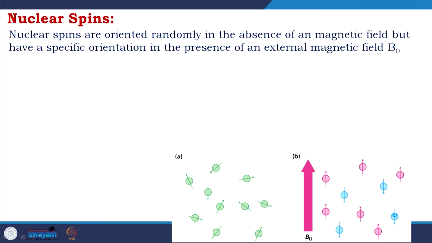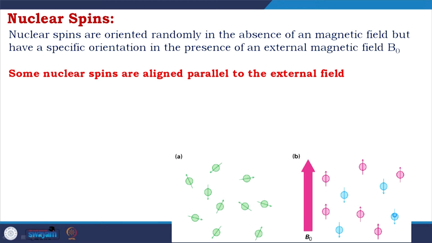Nuclear spins are oriented randomly in the absence of a magnetic field, but have a specific orientation in the presence of an external magnetic field B0. Some nuclear spins are aligned parallel to the external field. They have a lower energy orientation and are more likely.